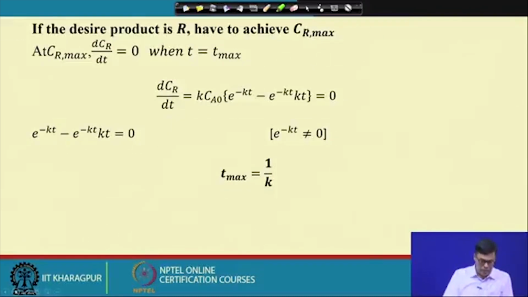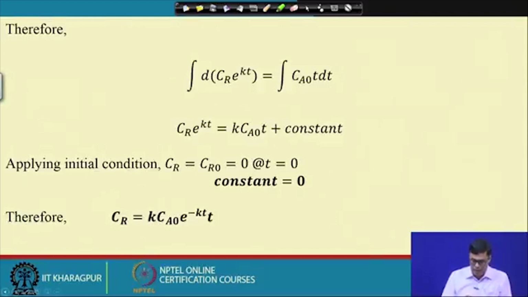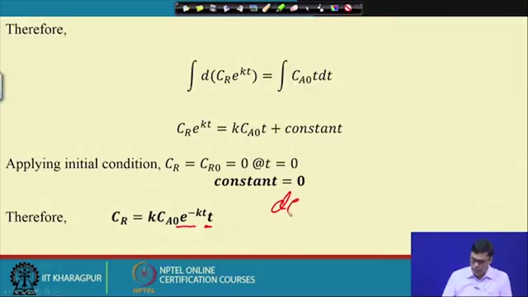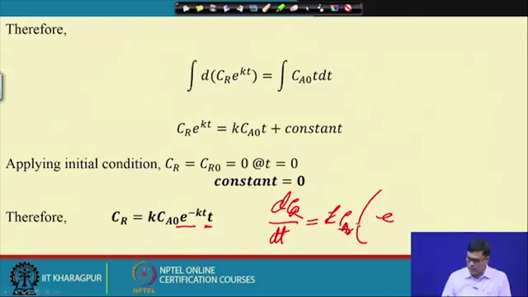But here you see that we have two variables: e to the power minus Kt and t. So we can differentiate. If you differentiate here, what will be there? dCr by dt equal to K Ca0, you can take common actually. Then we can differentiate first with respect to this, which will be minus K into e to the power minus Kt into t.